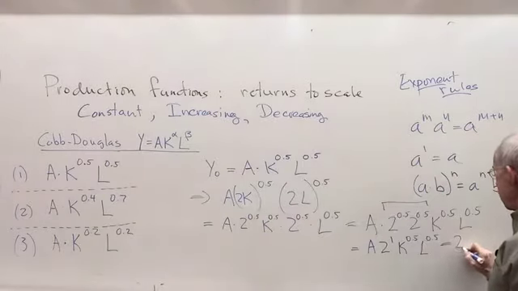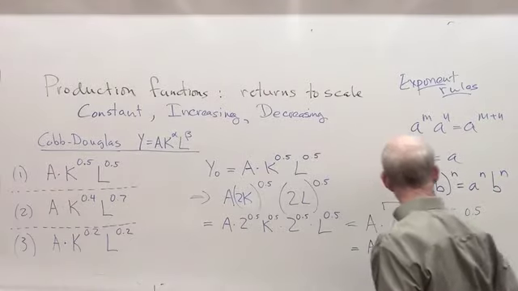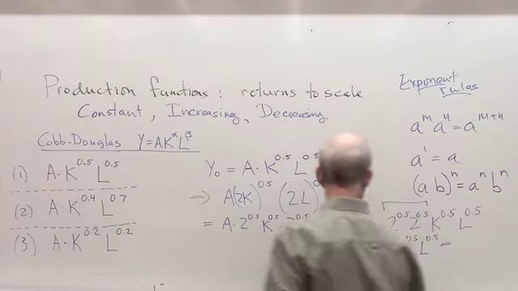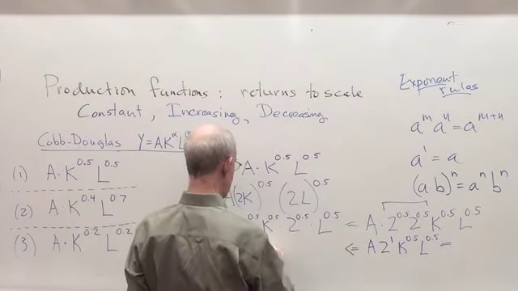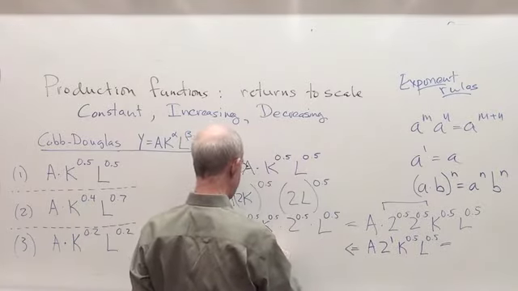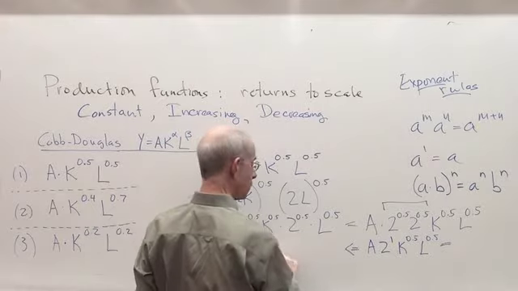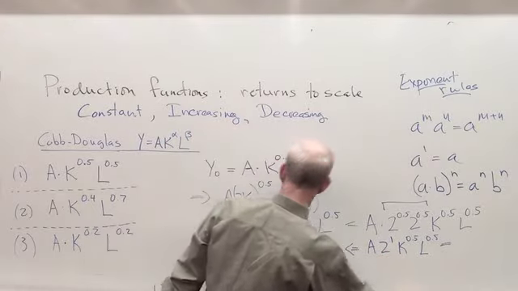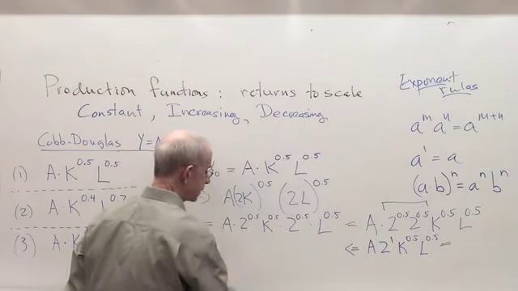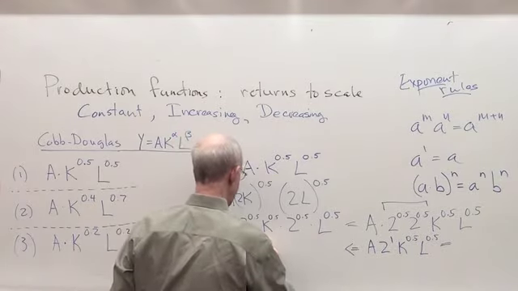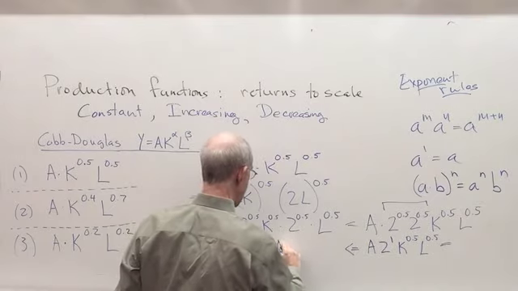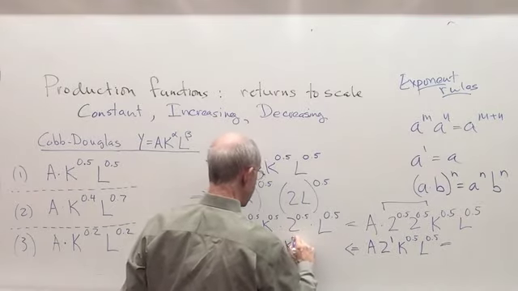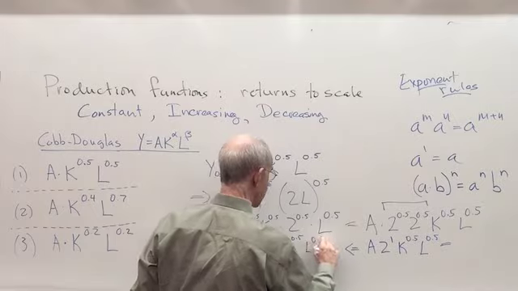That's 2. In fact, let's even write this more easily. That is 2, I'm pulling the 2 out, multiplied times A, K to the 0.5, L to the 0.5.